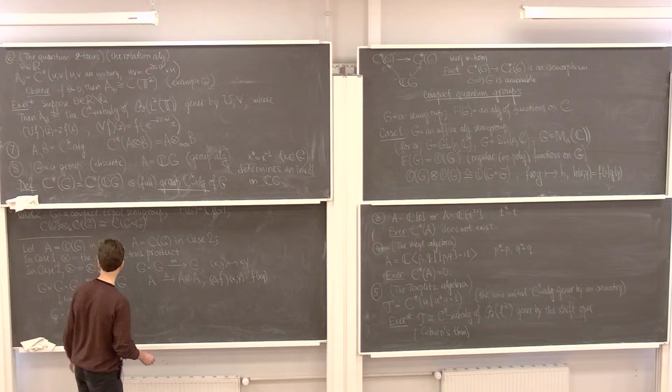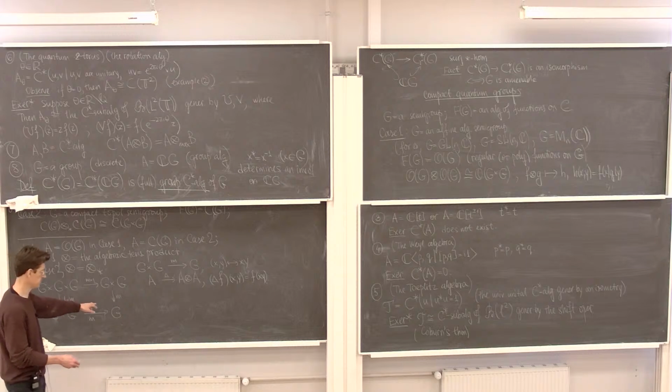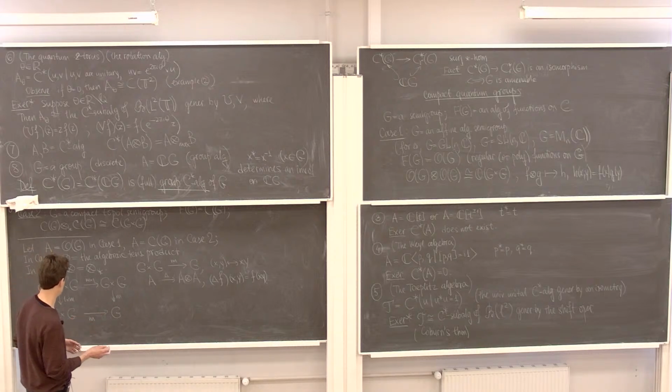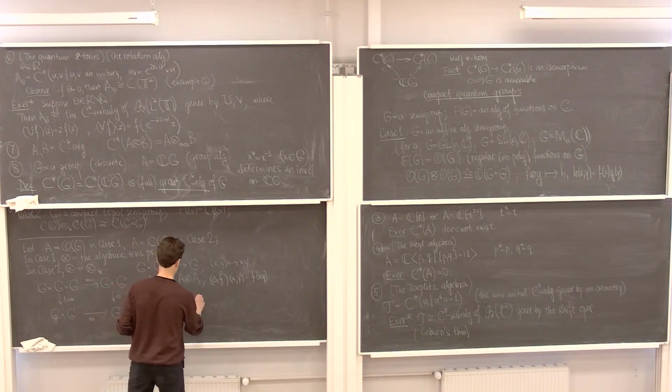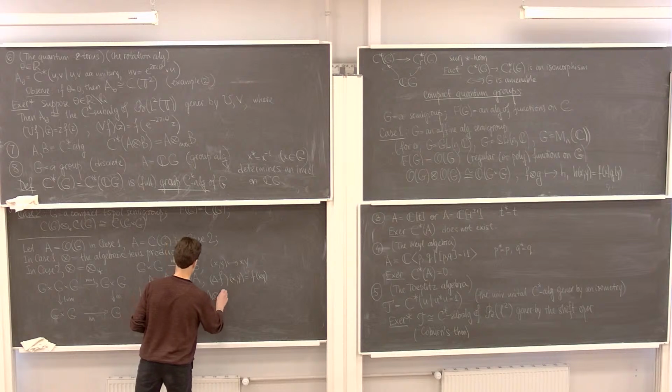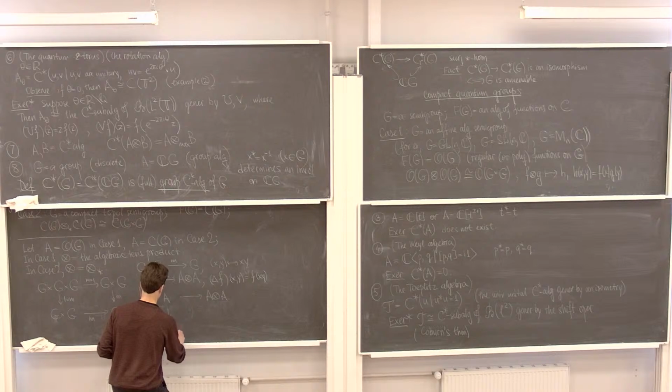Now, the associativity of the multiplication in our semigroup leads to the following commutative diagram. A tensor A. This is delta.